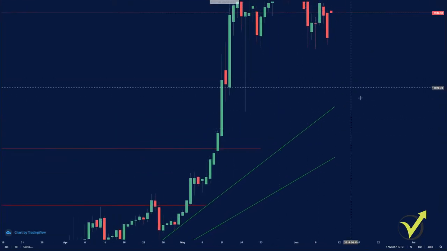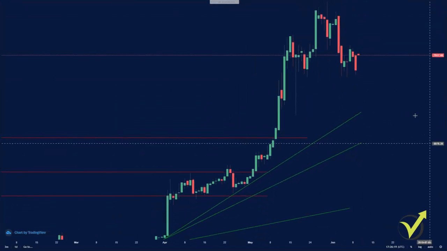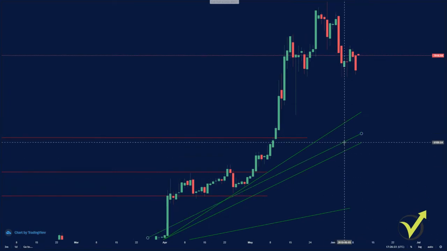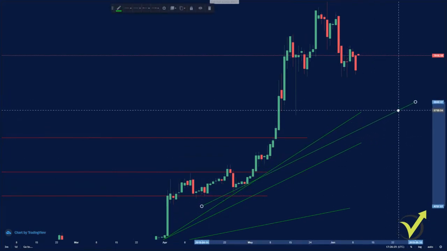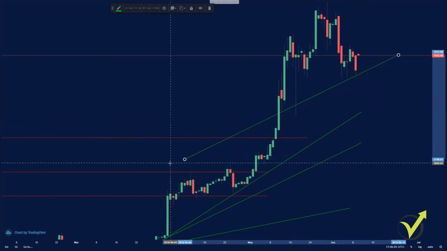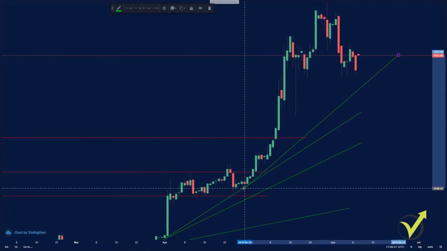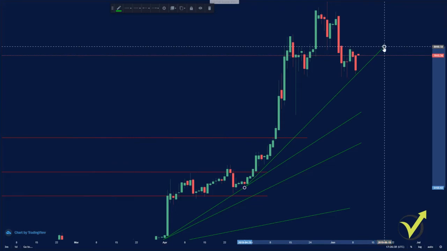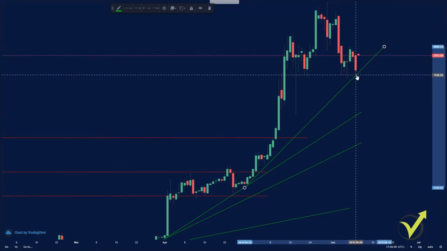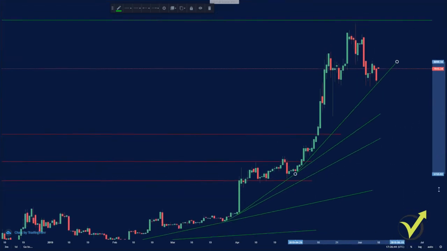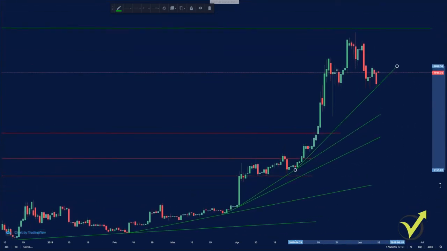And then what we have are these recent lows here. So I will take another line and put it from here going towards this level, connecting this low and then the most recent low that we had. Okay, this is the low from yesterday. Now, this is how you should properly draw the lines for the uptrend.